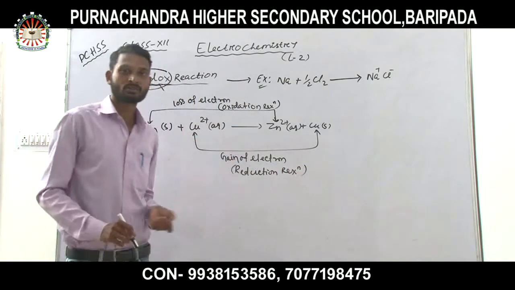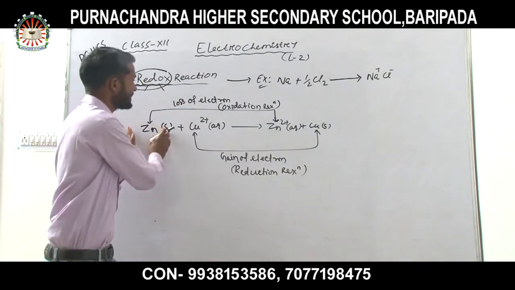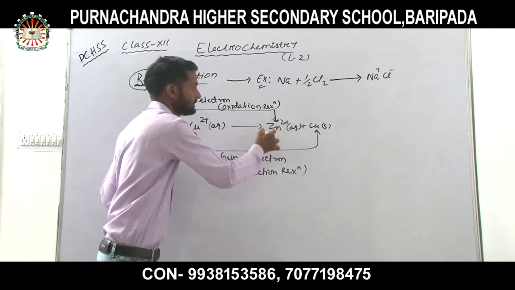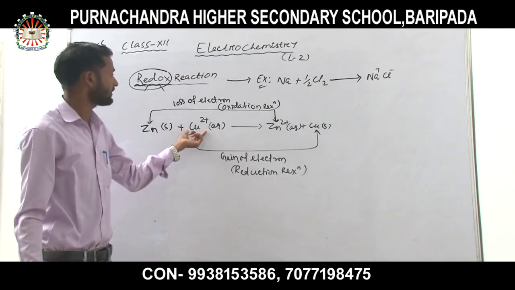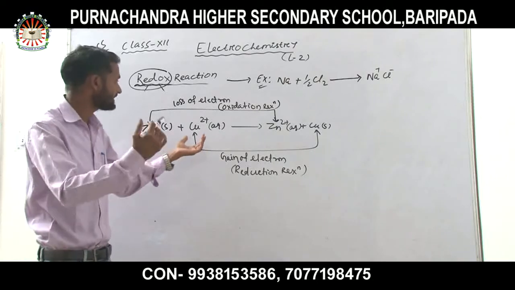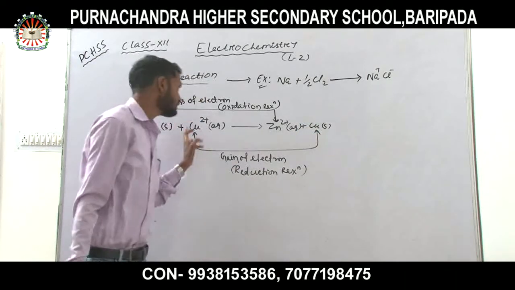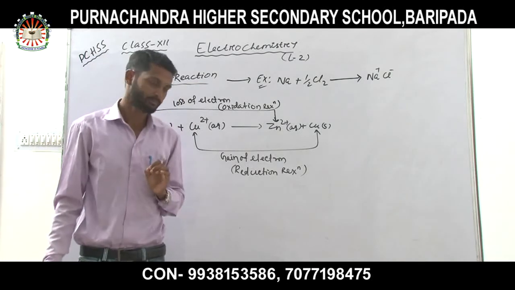That is a very important concept. The zinc metal undergoes loss of 2 electrons to form the zinc 2 plus ion, and the copper 2 plus ion gains 2 electrons to form the copper metal. So this reaction is also known as a redox reaction.